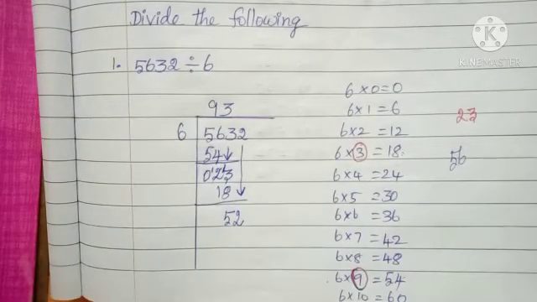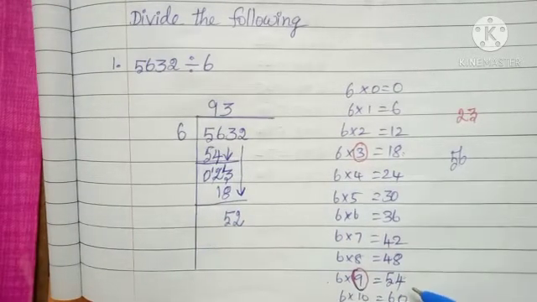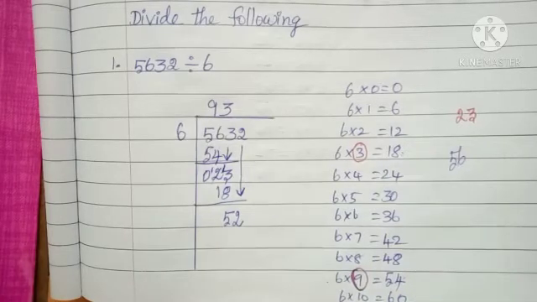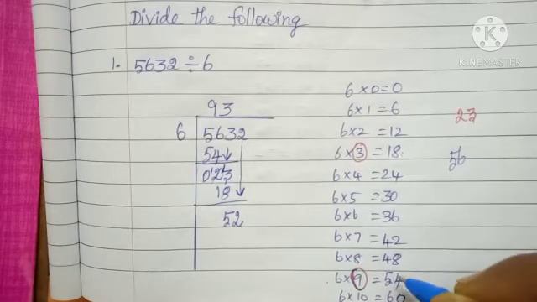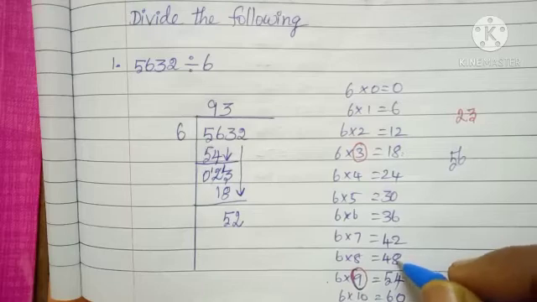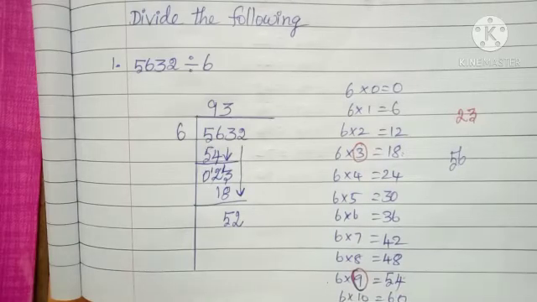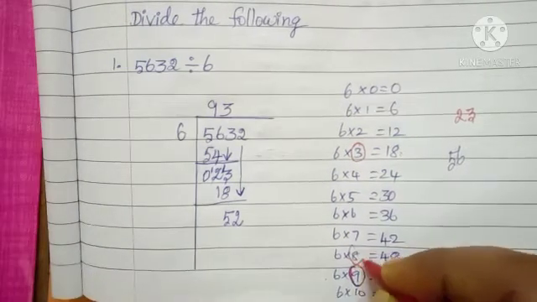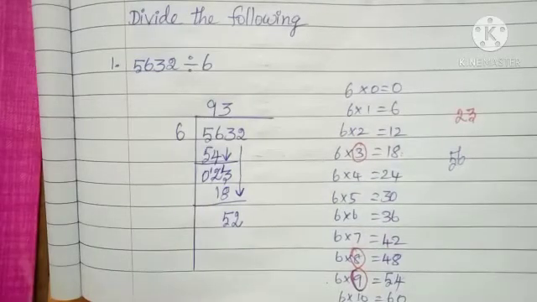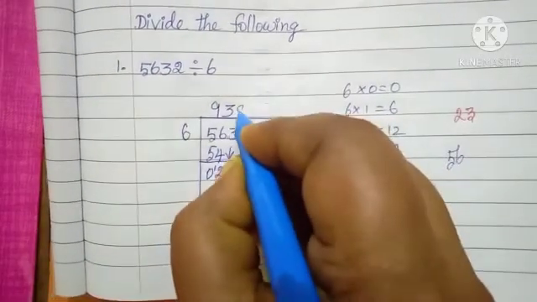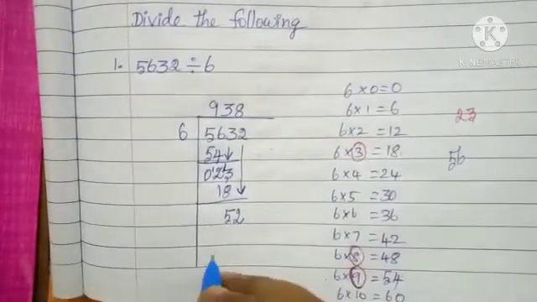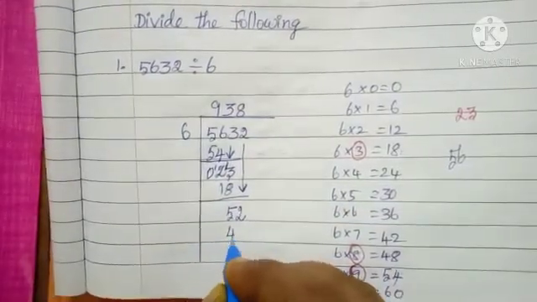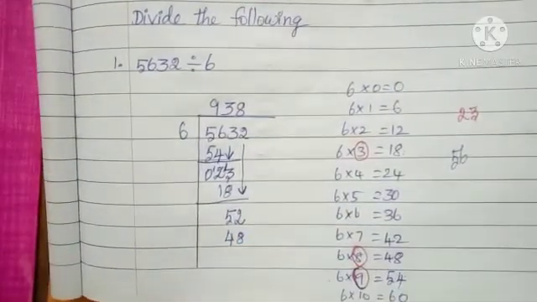52. Is 52 coming in the 6 table? No, 54 only comes. So before that in the table comes 48. 48 is coming 8 times. So write the number 8. 6 8s are 48.